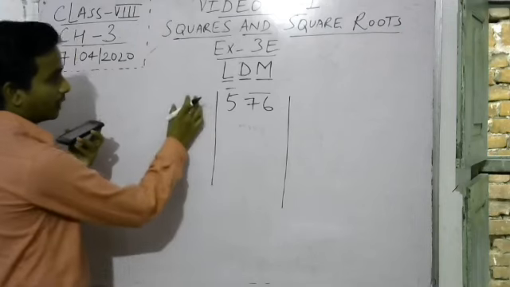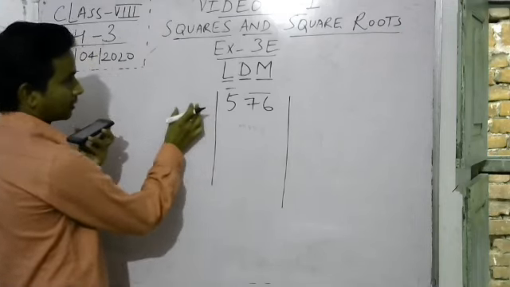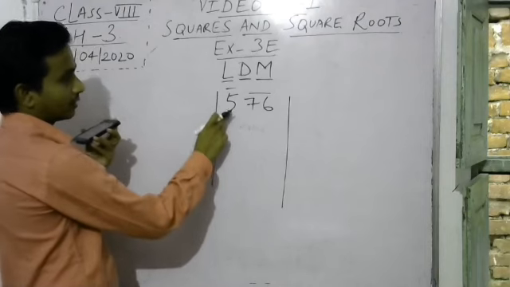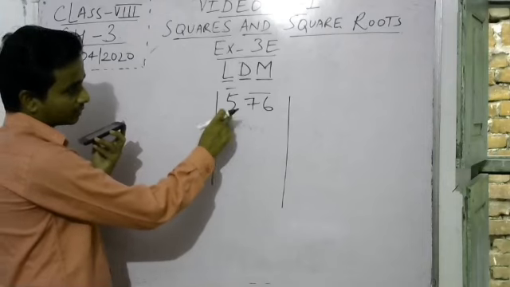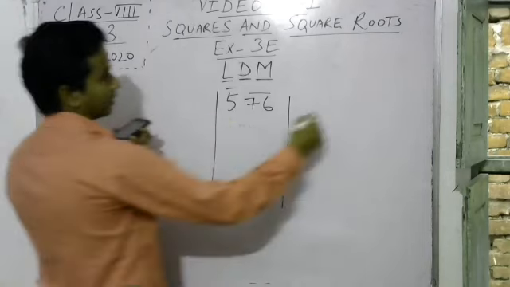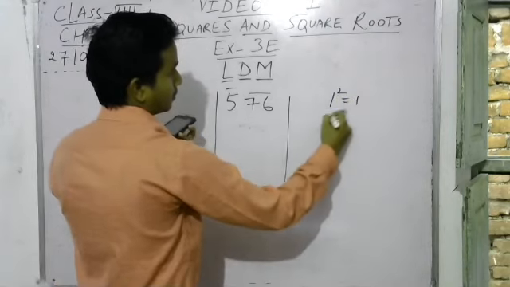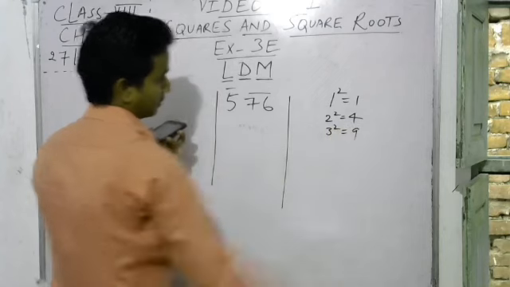Now we have to find the perfect square which is equal to 5 or just near to 5. So what is the perfect square which is just less than 5? 1 square is 1, 2 square is 4, 3 square is 9.